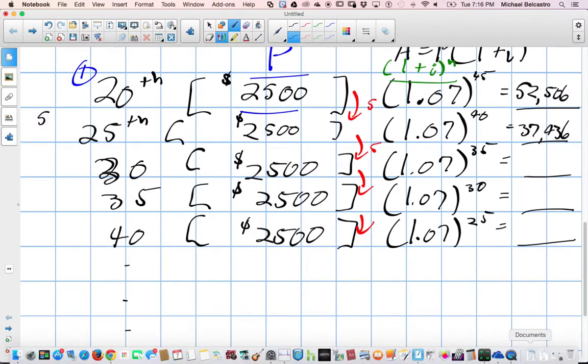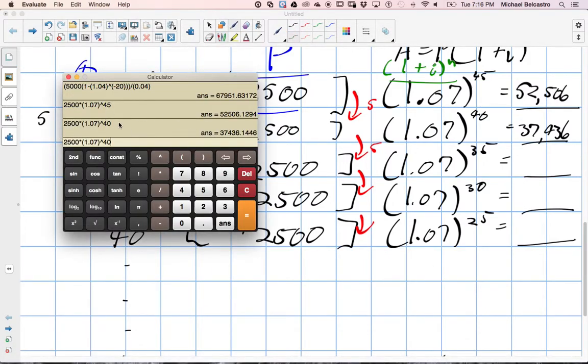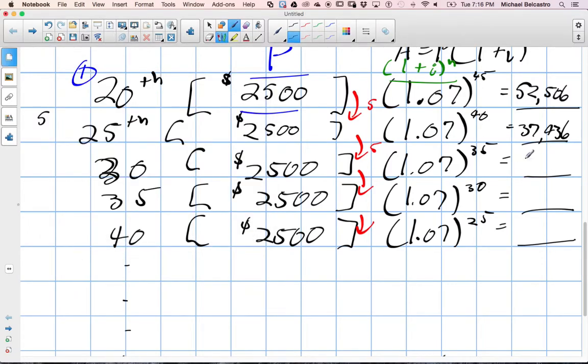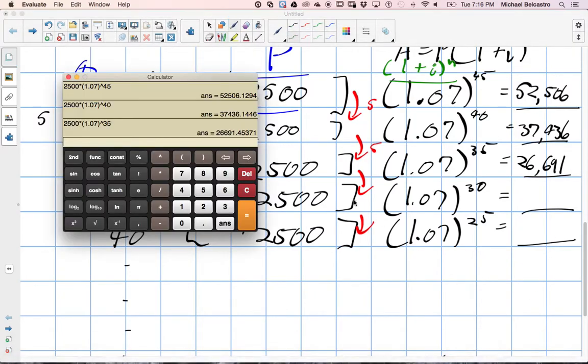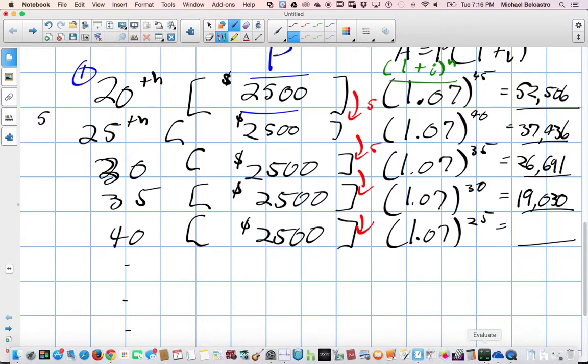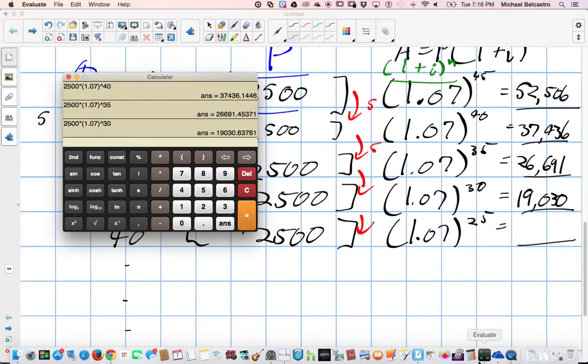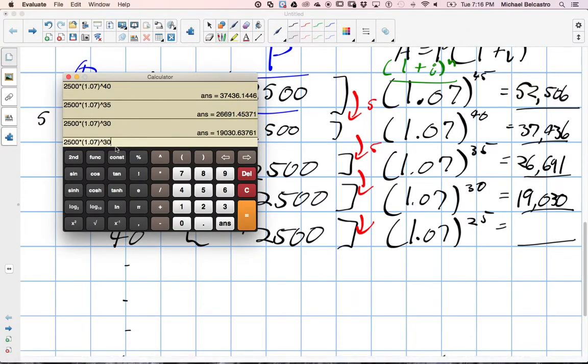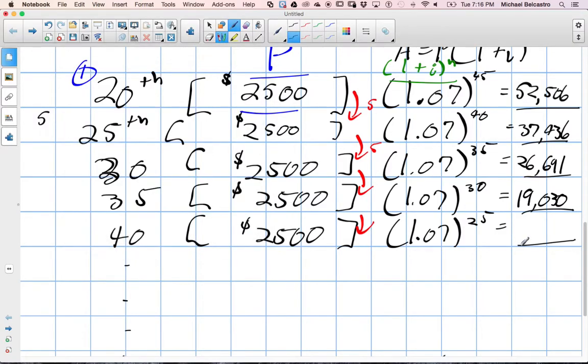Formula again at 35: 26,691. At 30 years: 19,030. And then the very last one at 25 years: 13,368.